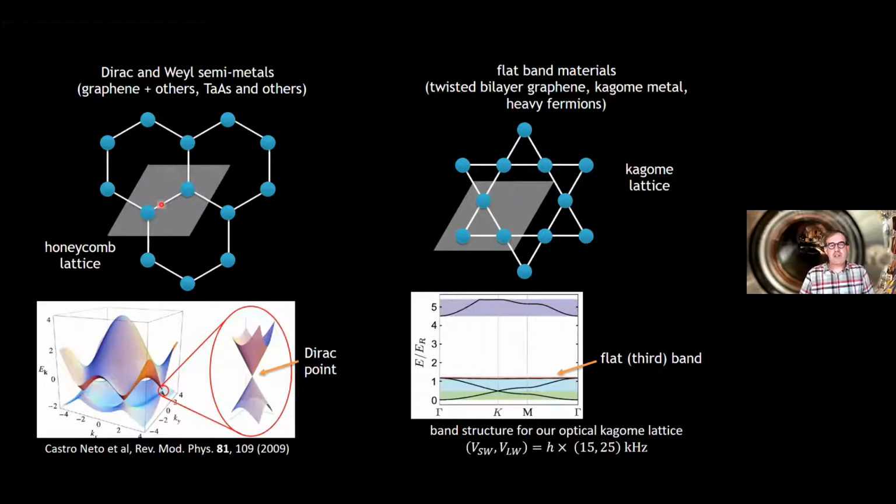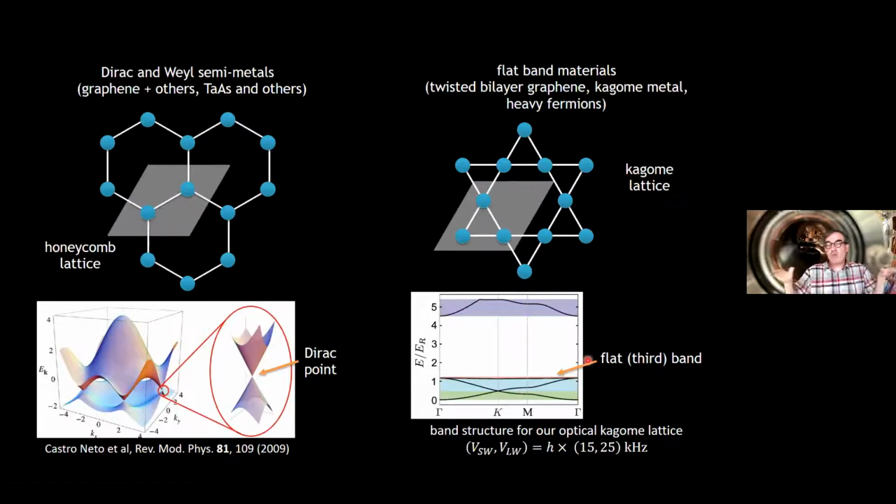So for example, in the honeycomb lattice, if we look at the band structure in the lowest energy bands, we see that there's two bands that intersect at a point where there's actually a degeneracy between the two bands. These points are known as Dirac points. And the behavior of energy states near the Dirac point is what determines the property of graphene sheets. Similarly, in the Kagome lattice, if we look at its band structure, we see that there's three low energy bands, and the third of them, when the lattice is sufficiently deep, is flat.